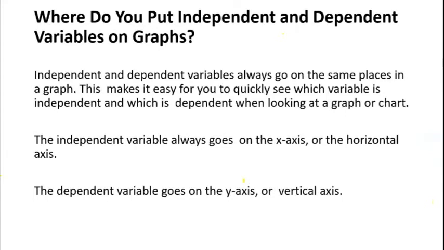So that is why we need to know where these independent and dependent variables will be placed on a graph. Okay, so for the independent variable, it will always go to the x-axis or the horizontal axis. For the dependent variable, it will always go on the y-axis or vertical axis.